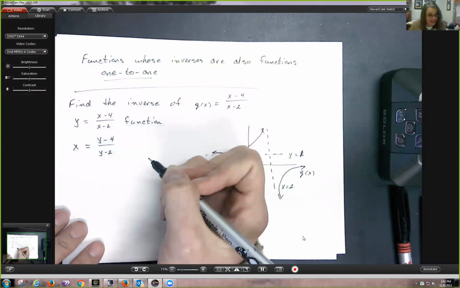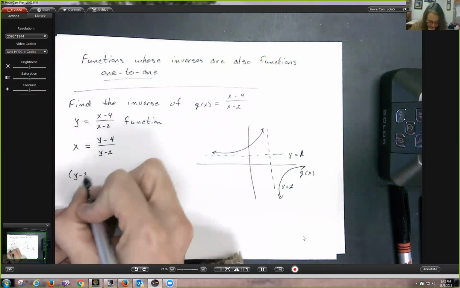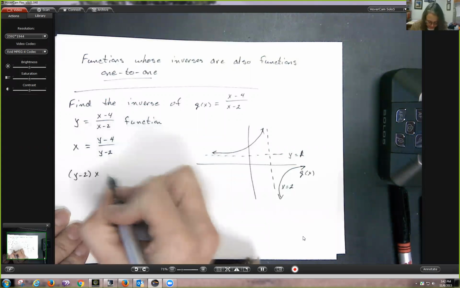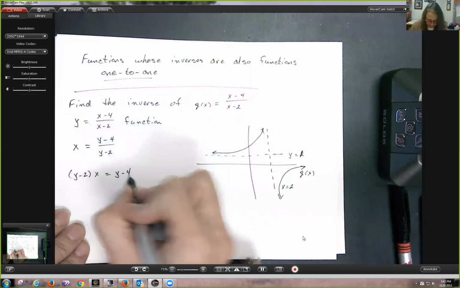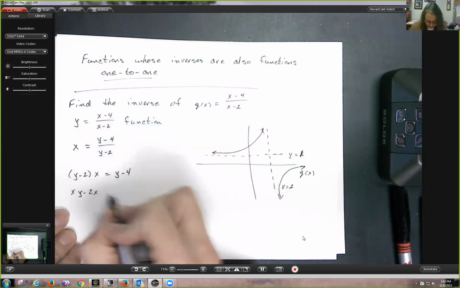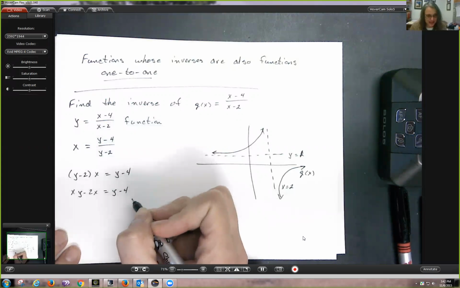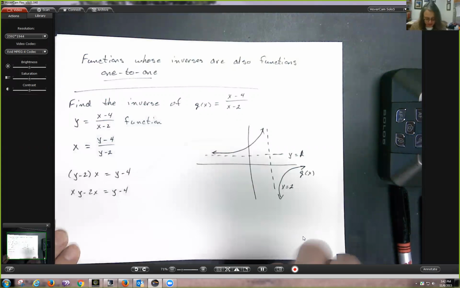Now I have to solve this guy for a y. So let's multiply both sides by y minus 2. Distribute through my x on the left. Pull my y's to the left and any x that doesn't have a y with it to the right.